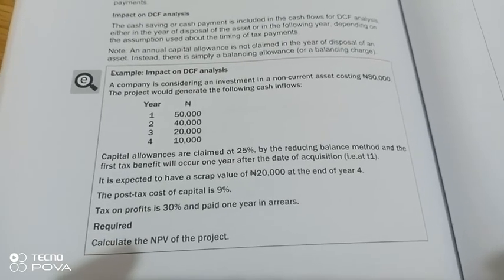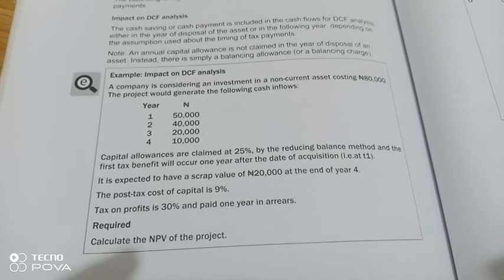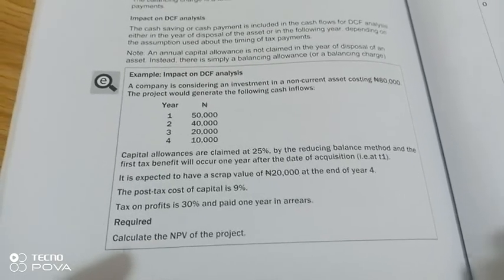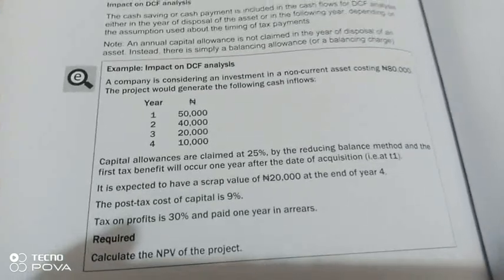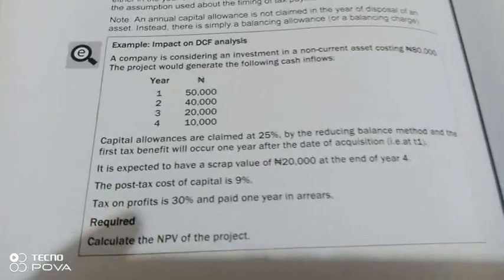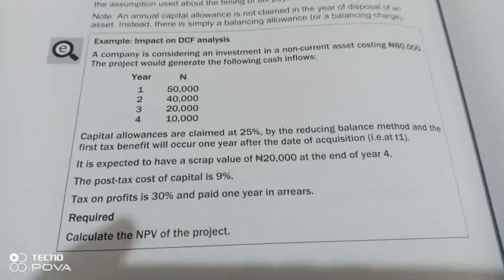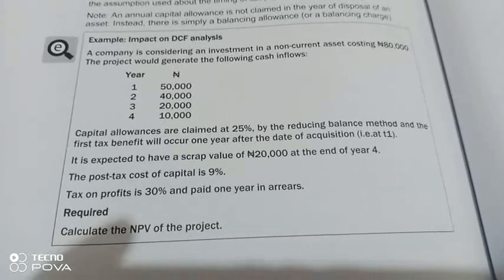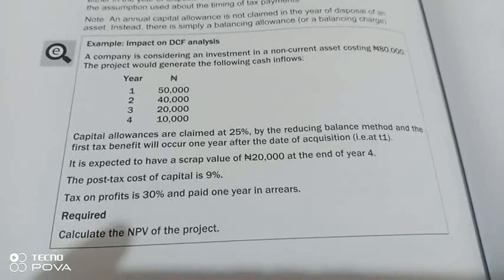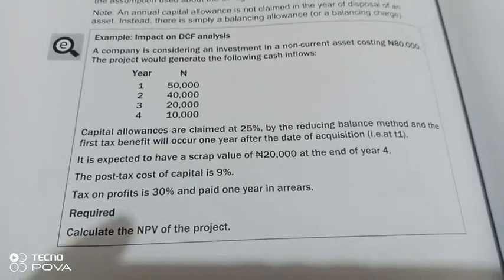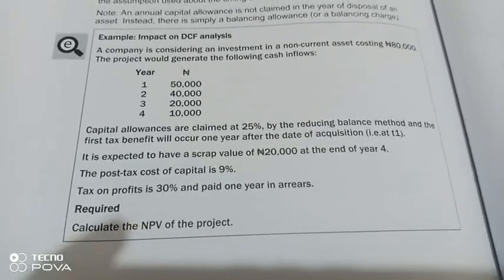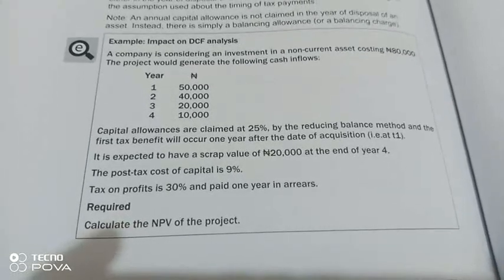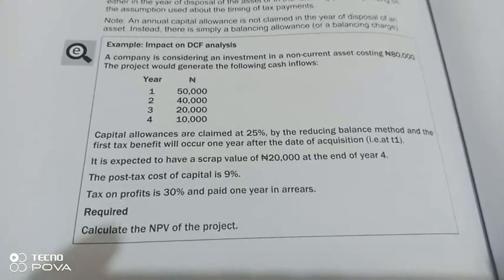Capital allowances are claimed at 25% by the reducing balance method, and the first tax benefit will occur 1 year after the date of acquisition. That is T1. It's expected to have a scrap value of 20,000 naira at the end of year 4. The post-tax cost of capital is 9%. Tax on profit is 30% and paid 1 year in arrears. You are required to calculate the NPV of the project.